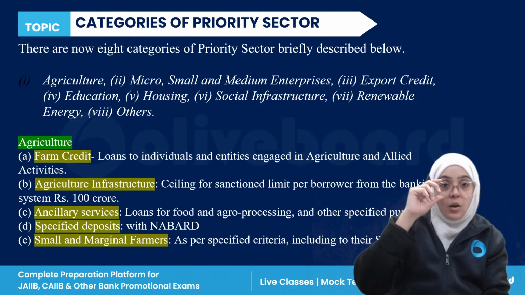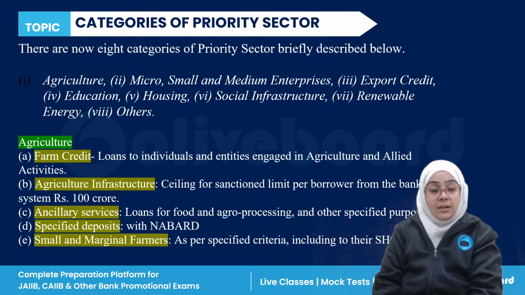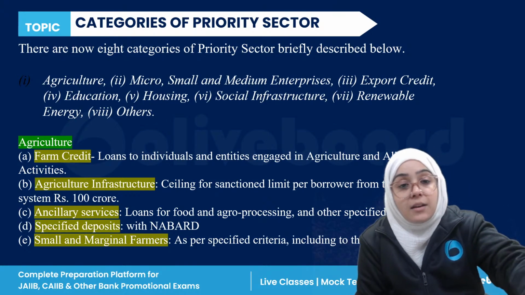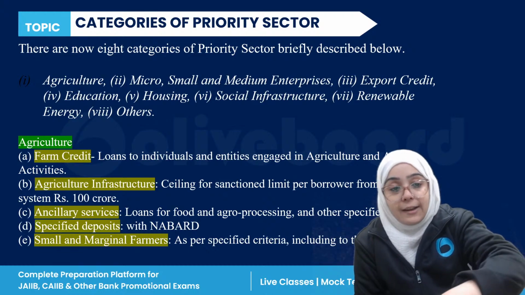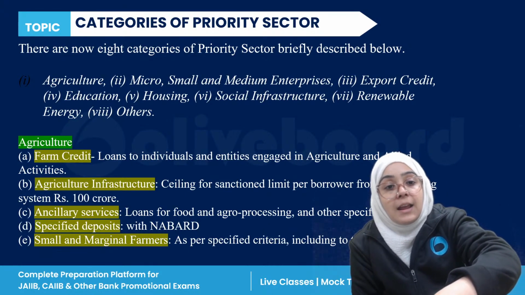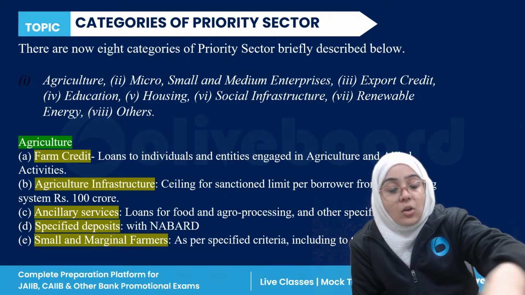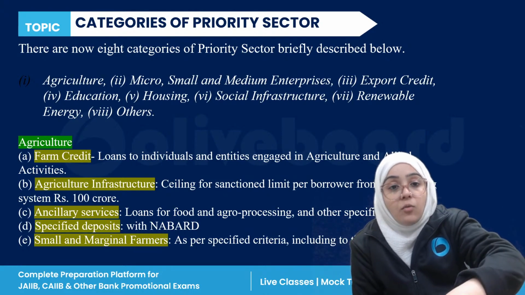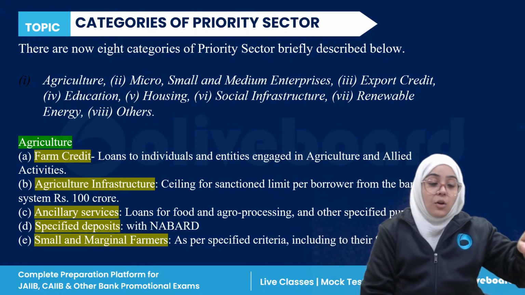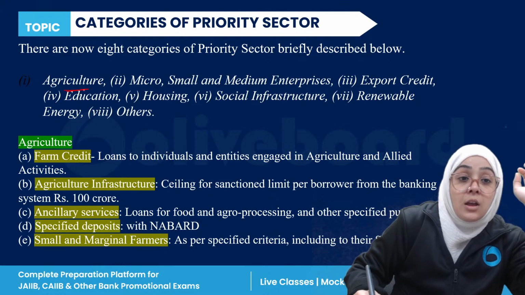Clear? Now next, if we talk about the categories of the priority sector, you all know that there are 8 categories of the priority sector. Now, what are these 8 categories? First of all, there is agriculture.